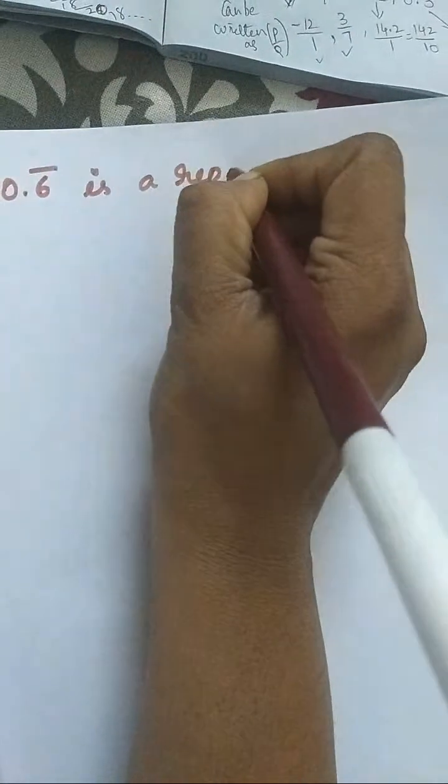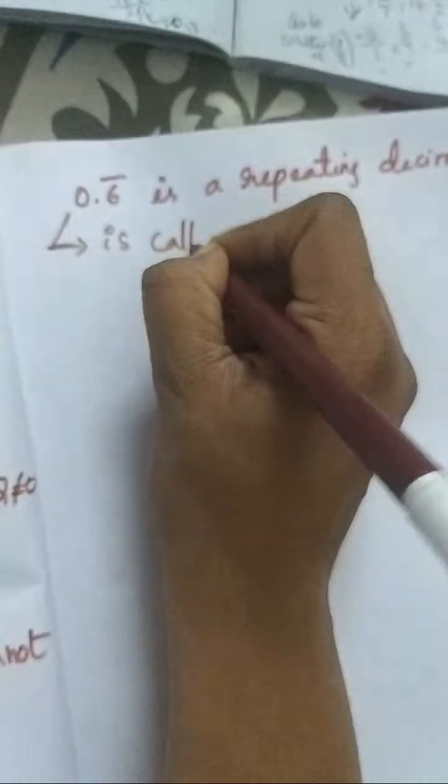So this is a repeating decimal. 0.6 bar is a repeating decimal number. Then this number is called a rational number.